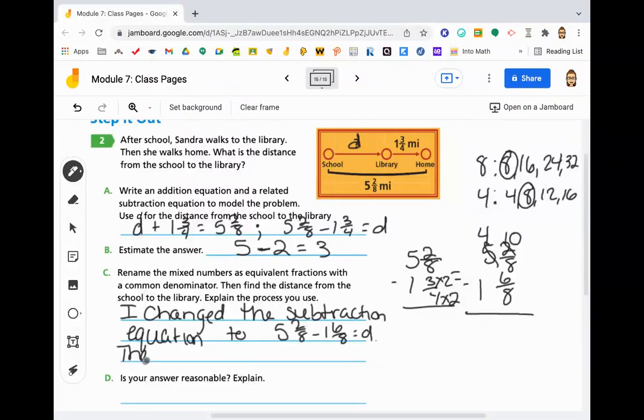So then I renamed 5 and 2/8 so we can subtract.